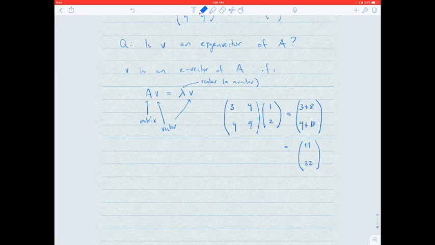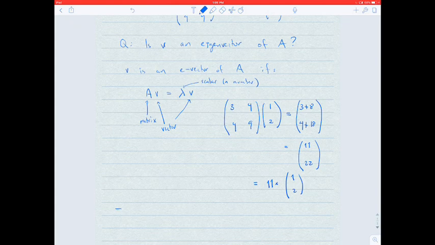Okay, so for the answer to be affirmative, that V is an eigenvector, 11, 22 needs to be a multiple of 1, 2, and we see that in fact it is. This is 11 times the original vector, 1, 2.